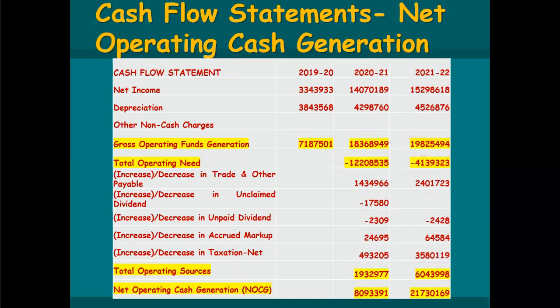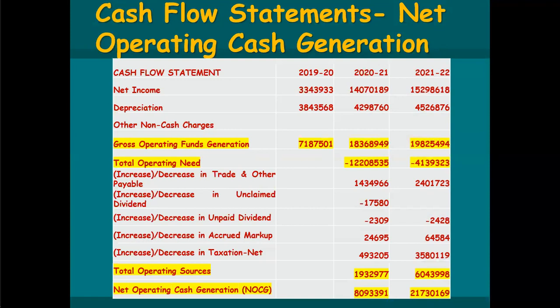You can find a positive trend; decrease in the unclaimed dividend, negative trend. Thereafter, decrease in unpaid dividend, and there is an increase in unpaid dividend. In both cases, you will find it negative.